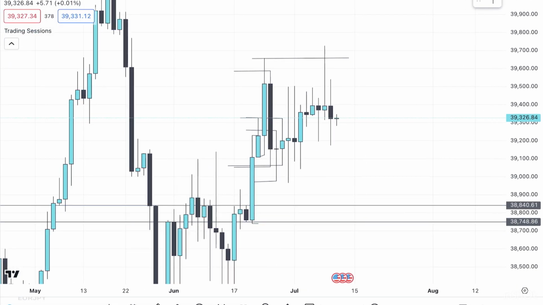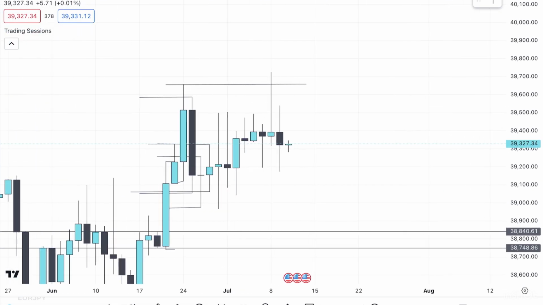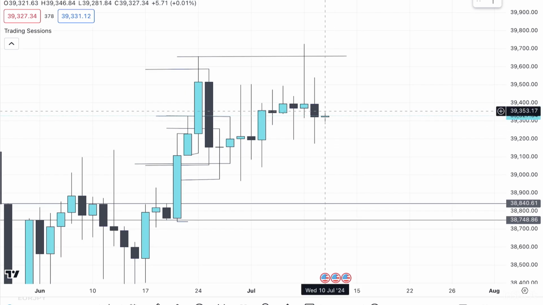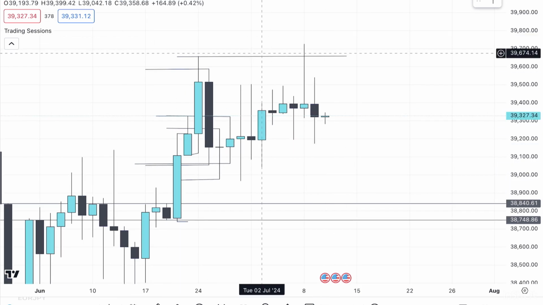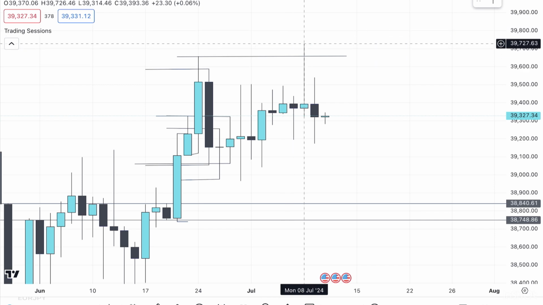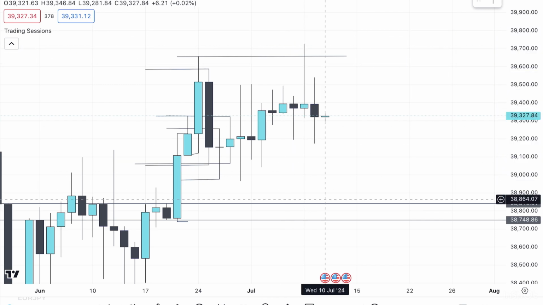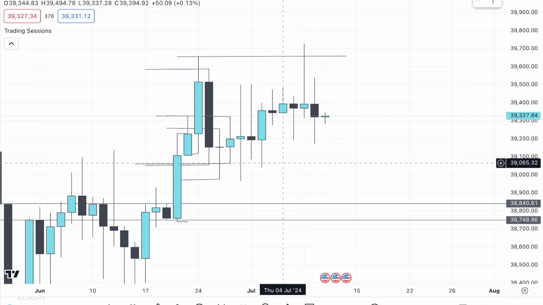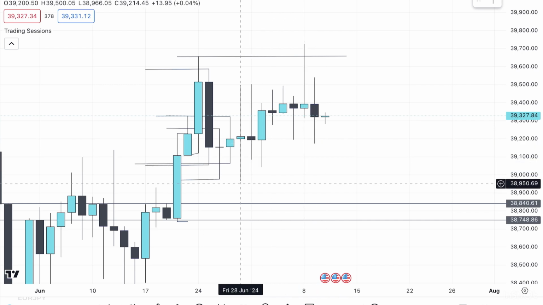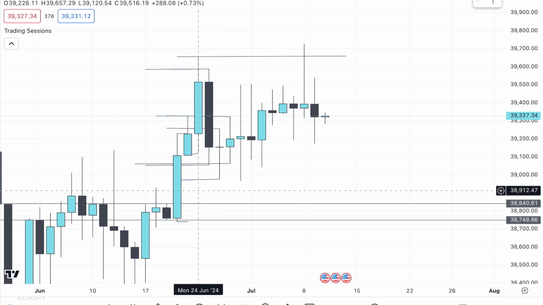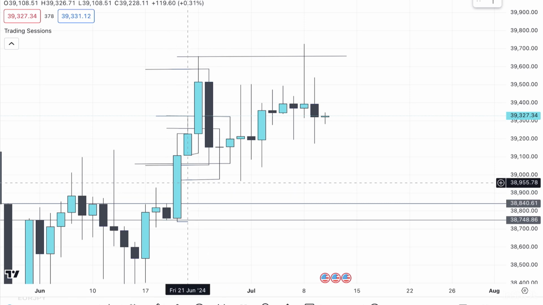So we might want to see the market start dropping until this level. Why? Because it already took the upside liquidity. We would want to see it drop down to this level, because we have liquidity resting at this low, liquidity resting at this low, liquidity resting at this low, and consequently we have a gap here which hasn't been filled.